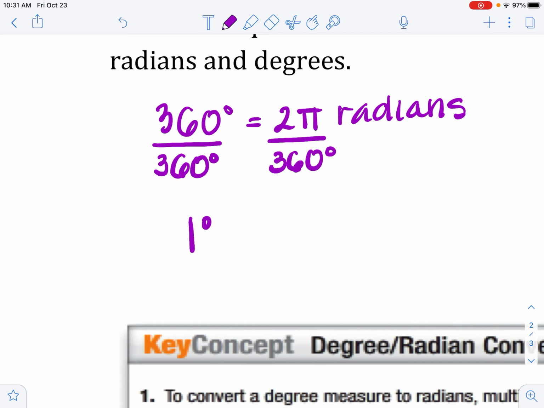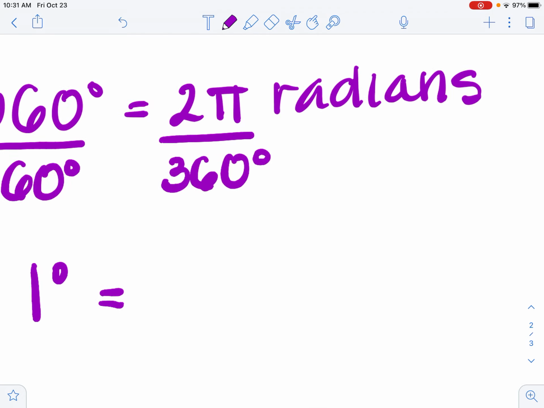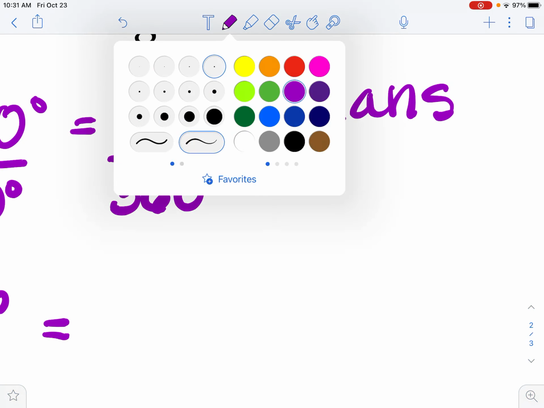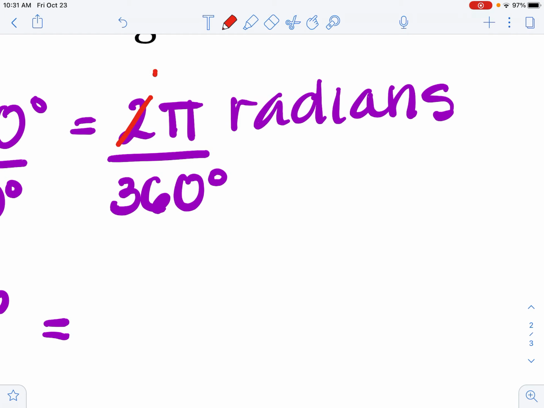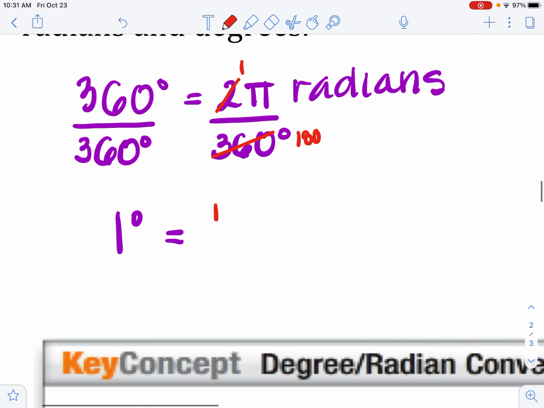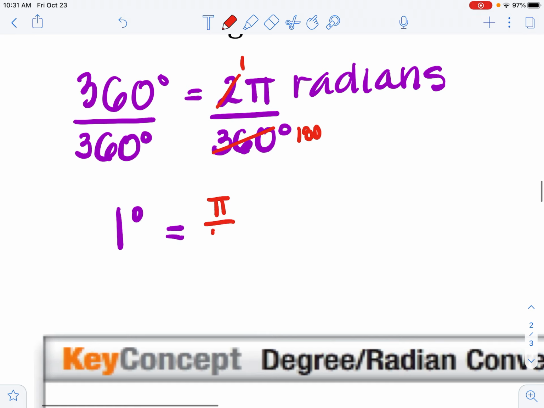So I know 1 degree is equal to, and then simplify this fraction. 2 goes into itself once, and 2 goes into 360 180 times. So it's equivalent to pi over 180 radians.